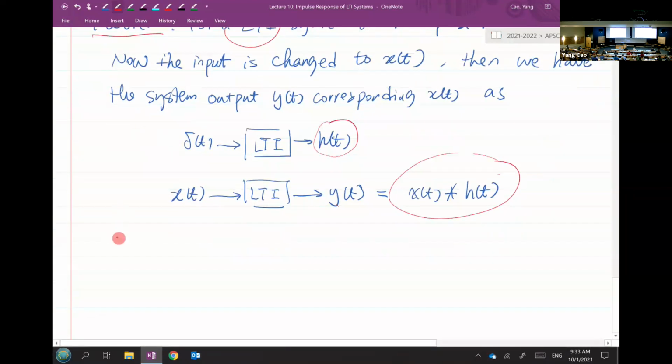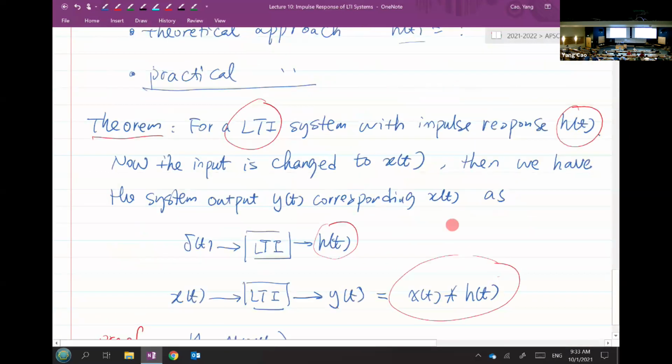So let me give you a very simple, quick proof right here. I think it is important to know a little bit, even though sometimes we don't really care about proof. So here's our system, y equal to the operator applied to the input x of t. Let's take a look at x of t.